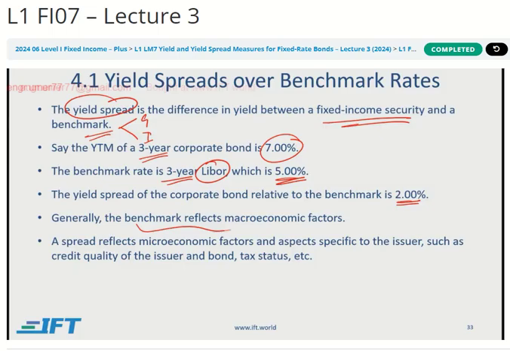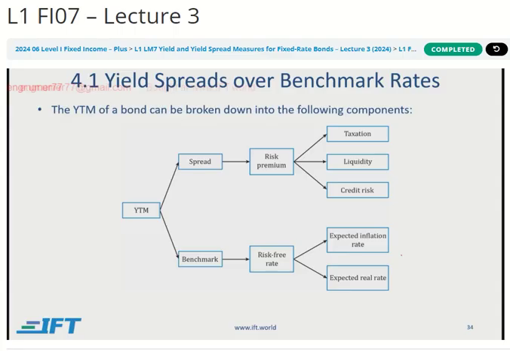The benchmark reflects macroeconomic factors, whereas your spread reflects company or issuer specific factors. There's a very nice infographic over here that you take the benchmark, whether that's the government rate or the interbank rate, right? And I would say government, because interbank, obviously there is some more components to it.